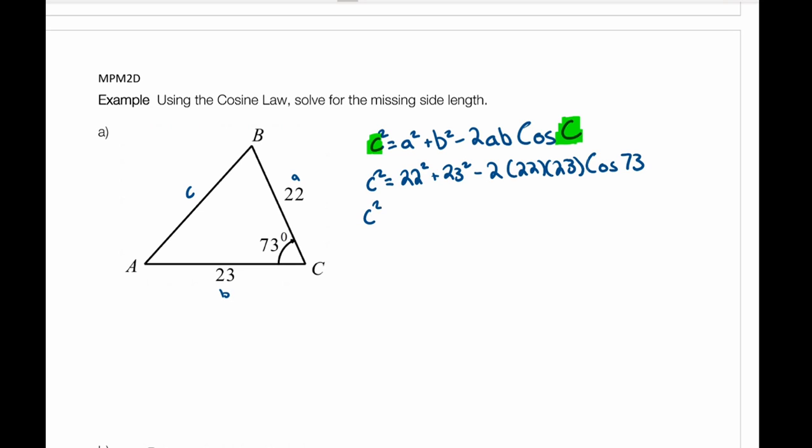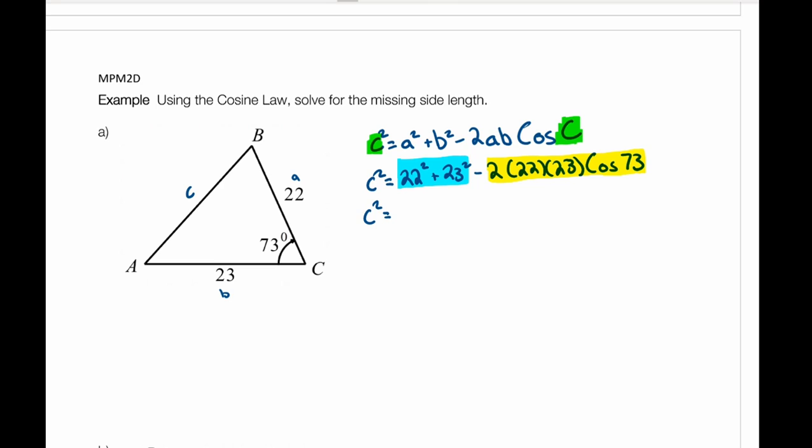Next thing we're going to do, all we have to do is go through and solve. The nice thing about the cosine law formula is that the c, or the unknown, is already isolated on one side. Because this is a long calculation, you could do this all at once. However, I would recommend doing the first part before the subtraction separately, and the part after the subtraction separately, and then subtract your two answers, just to avoid any calculation errors.